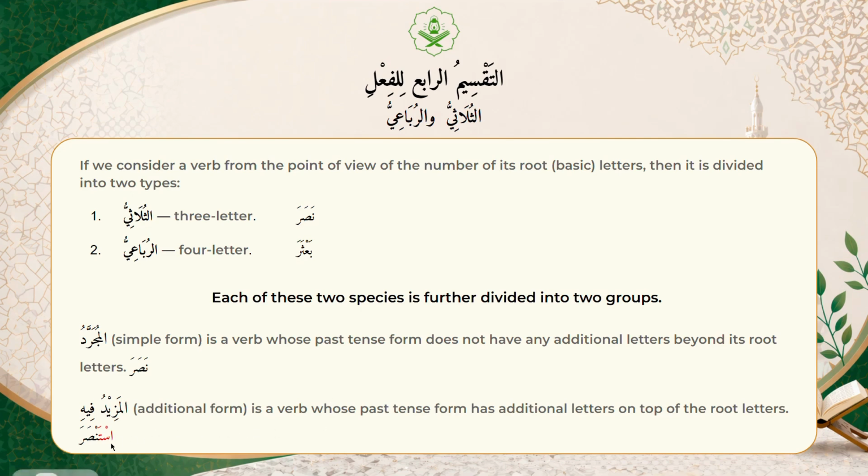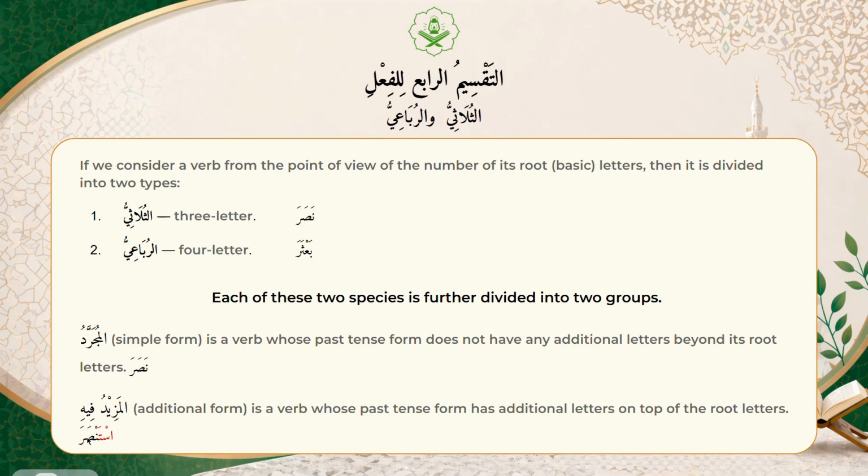Like istansara. In this example, alif, sin, ta was added to nasara, so it became istansara. This kind of verb will be called thulathi mazid fihi.